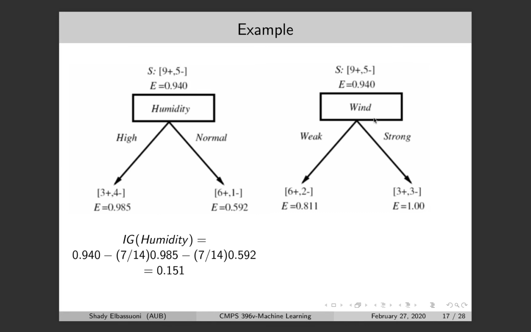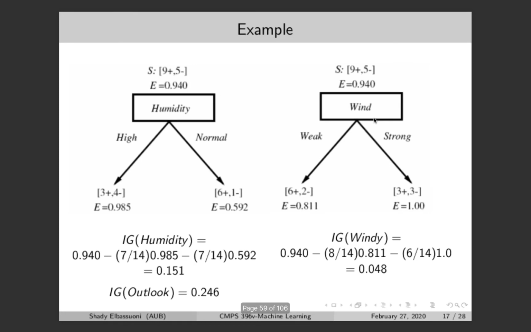What is the information gain for wind? It's going to be 0.94 minus 8 over 14 times 0.811 minus 6 over 14 times 1. And that's 0.048. So the information gain for humidity is larger than the information gain for wind.